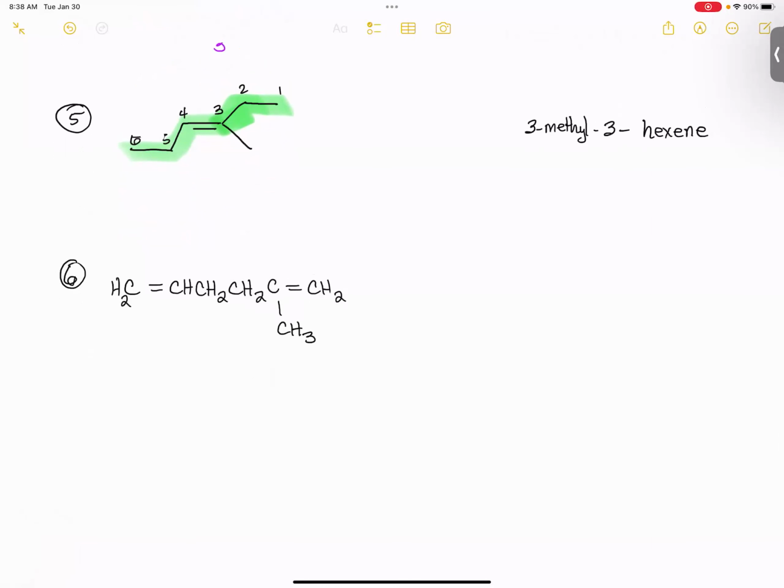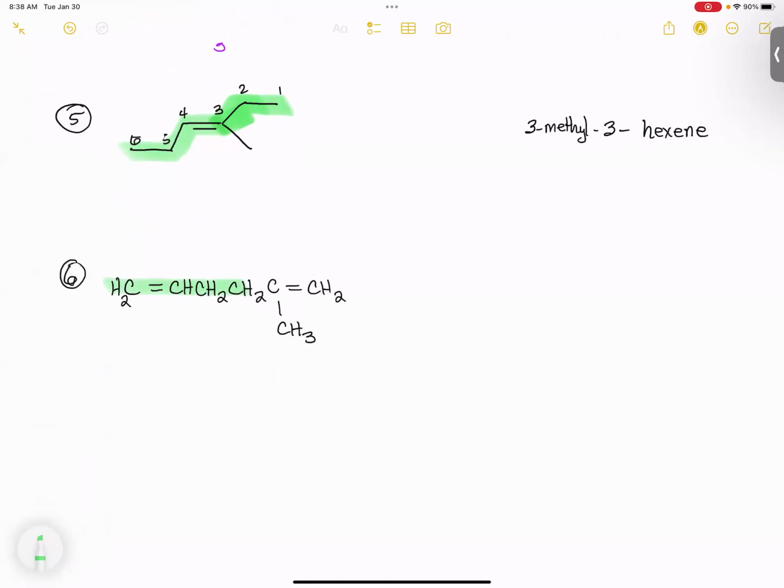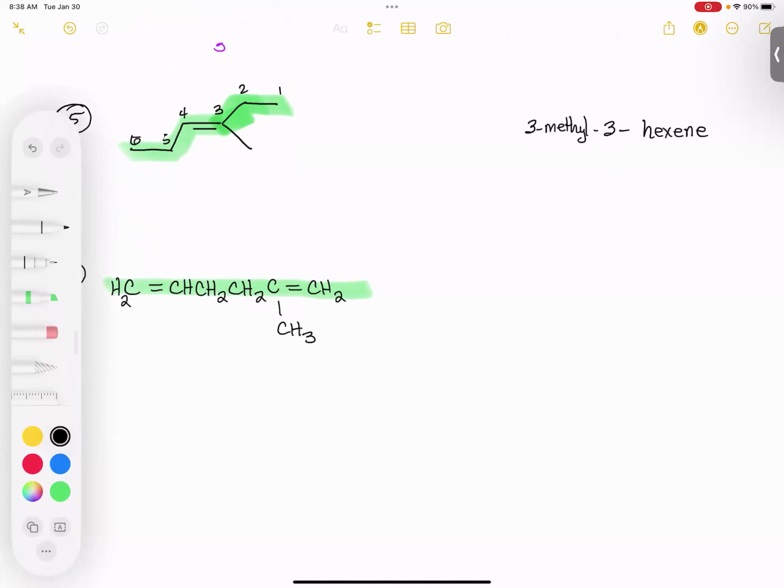Okay, the longest chain is obvious in the next one. Hopefully no surprises. It is the entire straight piece. But which side do I start numbering from, left or right? Right. Why? Because it didn't matter on the double bond. I would have a double bond at 1 and a double bond at 5, no matter which way I go.